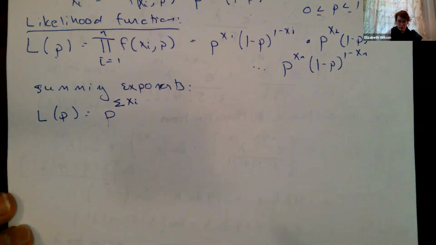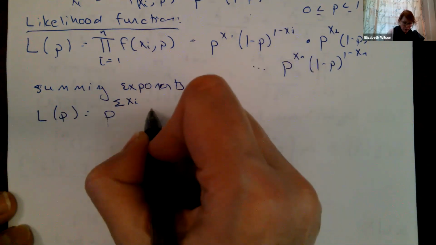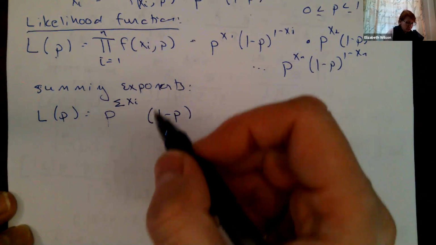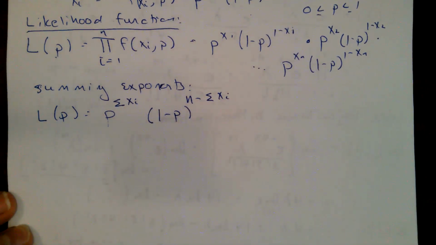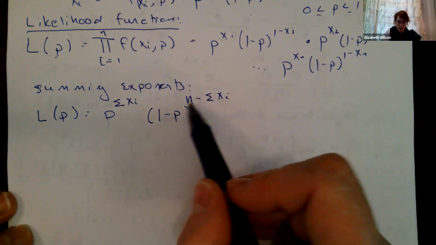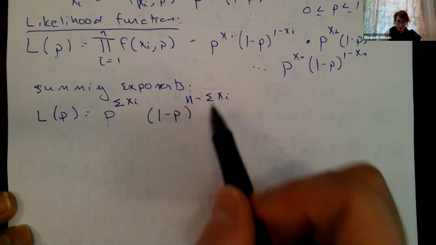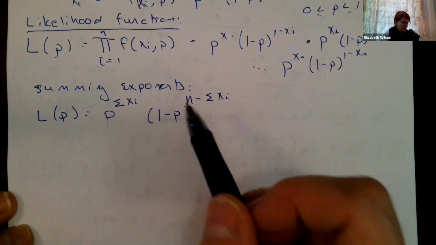I can't just combine them, because the x sub i's may be different. Remember when we have exponents, we're going to be summing up those values if they're the same base. Same thing here, 1 minus p to the n minus the sum of x sub i. So this is how I'm summing these up. Everybody see how we're getting these as exponents here?